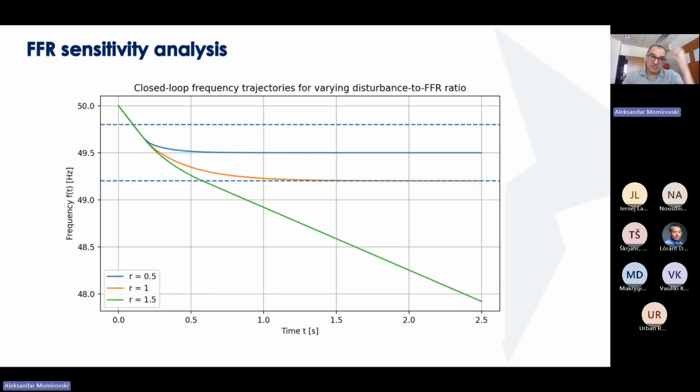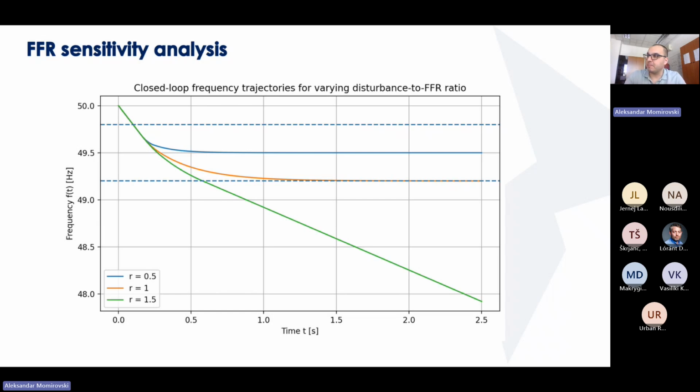We can emphasize the fact that FFR can limit the frequency deviations, but in some cases it's quite impossible to limit these frequency deviations, but at least they can limit the rate of change of frequency post the disturbance states of the system.